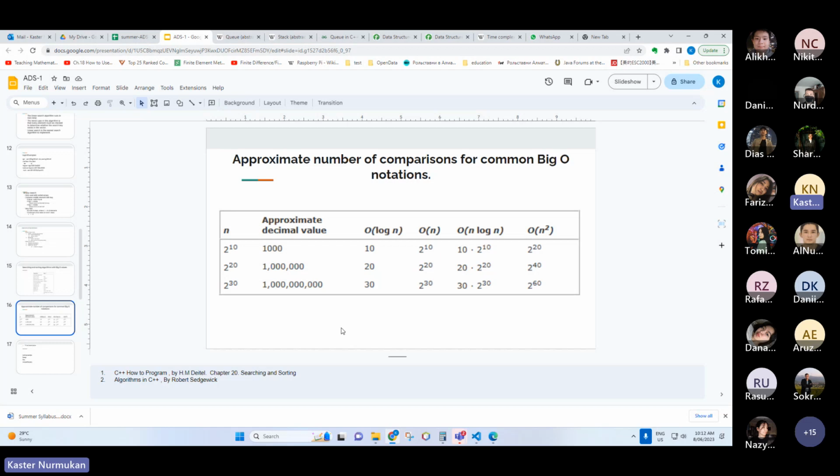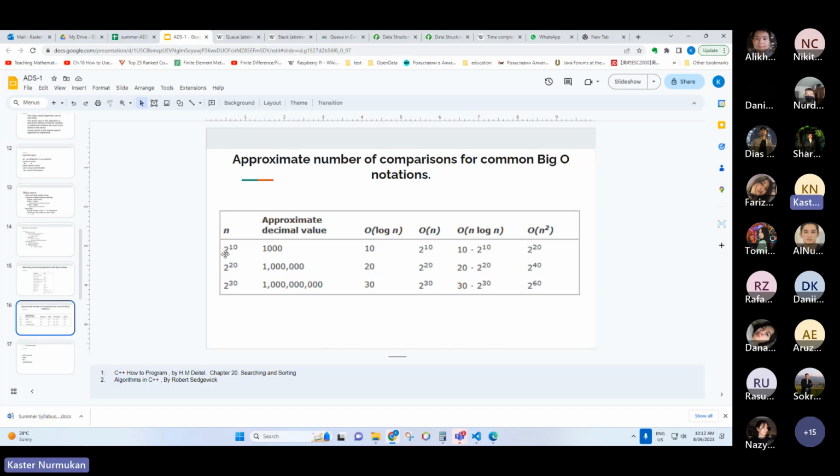What do those numbers mean? For example, you have to understand the meaning of O(log n), O(n), and O(n squared), right? Let's say the number of elements is 1,000.